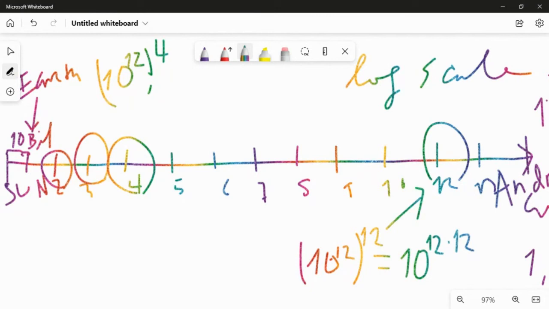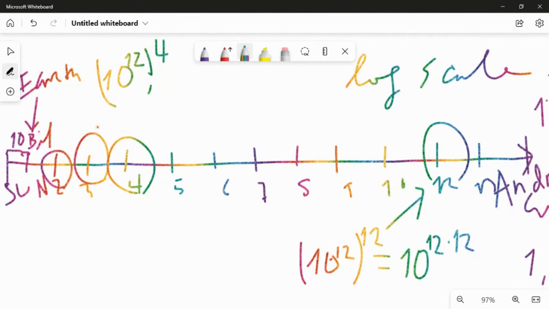Each notch on this scale is like 10 to the 12th miles, which is actually a trillion. So that's what the practical use of logarithm is.